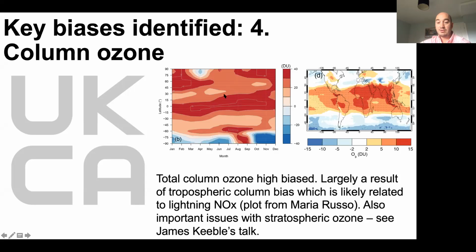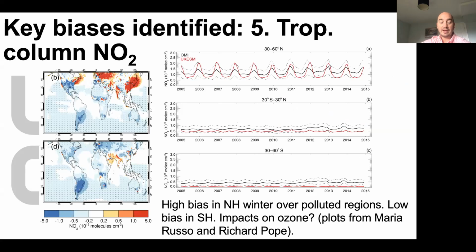And when we look at the total column and compare that to the NIWA Bodeker data set, we see that the total column ozone is biased high by about 30 to 40 Dobson units in the tropics. So we've got this tropospheric tropical high bias, and then we've also got some high bias in the stratosphere somewhere. And James Keeble is going to talk a lot more about that later.